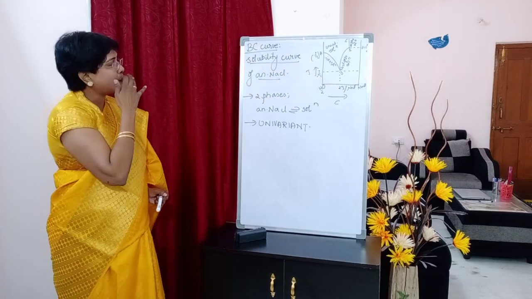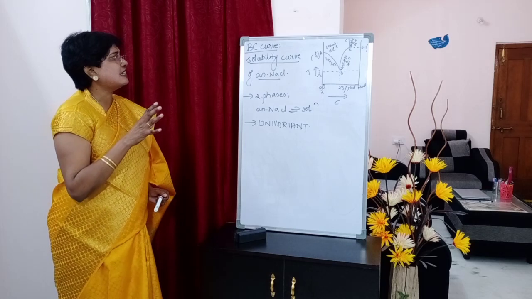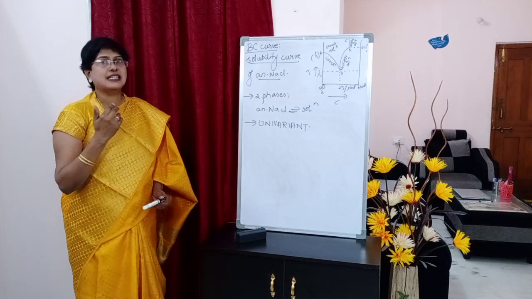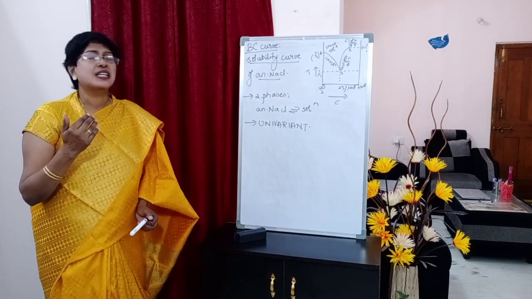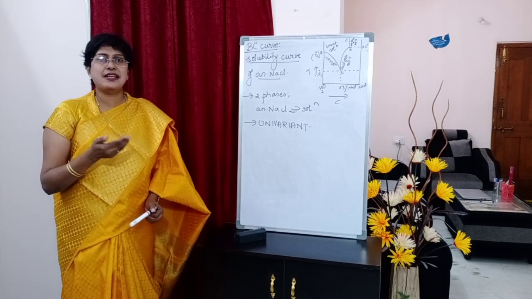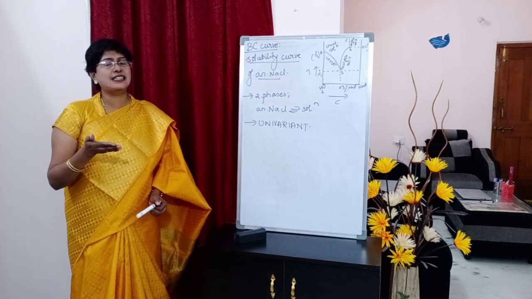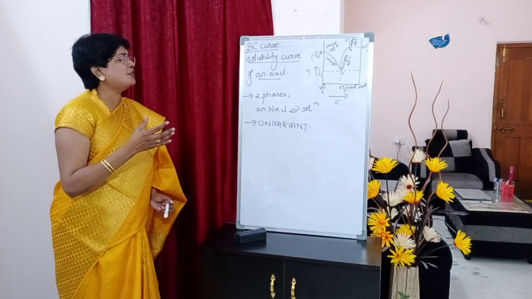Now look here, this is called the solubility curve of anhydrous NaCl, and along this curve you can find two phases in equilibrium, anhydrous NaCl and solution. So again, if you calculate degrees of freedom, we get it as 1, which means univariant.